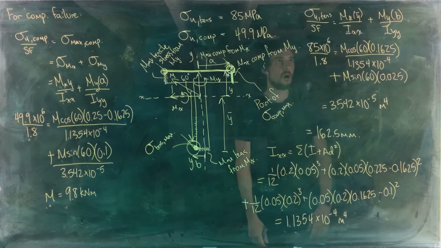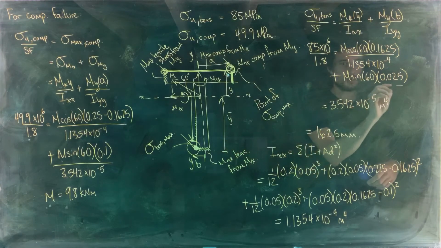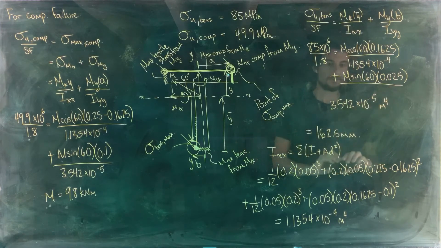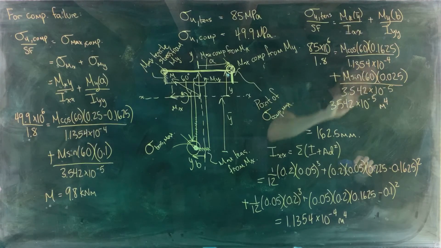Okay, all divided by Iyy, 3.542 times 10 to the minus 5.